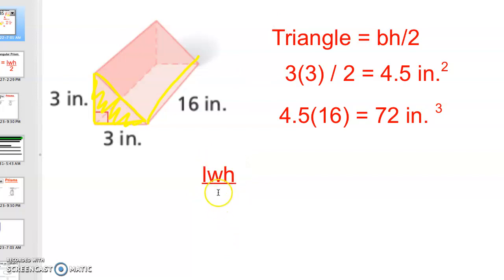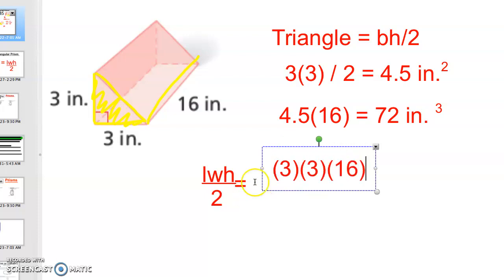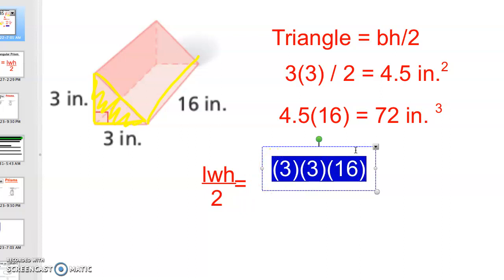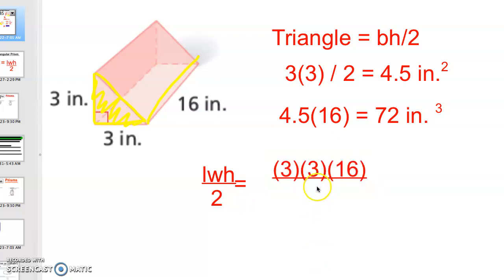The other way, I can do length times width times height divided by 2. And I can just plug this whole string of numbers into my calculator. So I can plug in 3 times 3 times 16 and then divide that by 2. So 3 times 3 times 16 is 144.